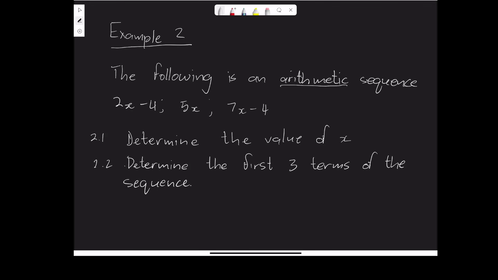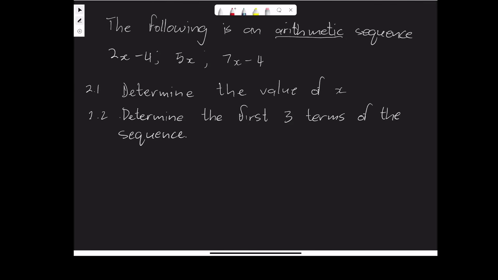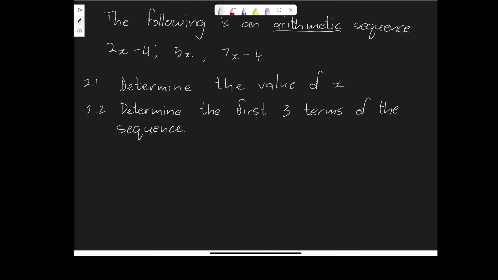Now, first of all, let's do this. So what do we know about an arithmetic sequence? We do know that the common difference, it means that the difference between two consecutive terms, is actually the common difference. So let's find out what that common difference is.